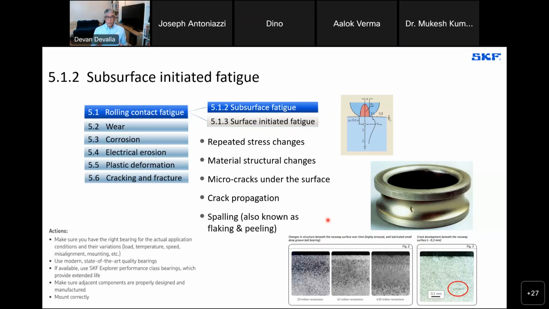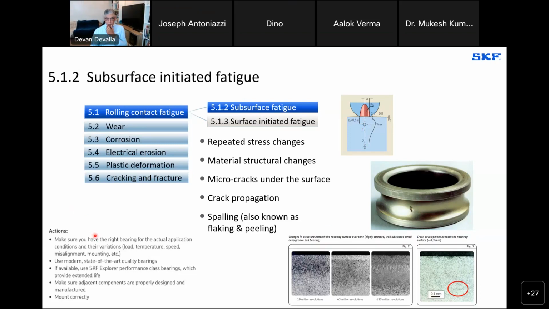And for all intents and purposes, as far as SKF, as soon as any component in the bearing loses some material, it's considered to be failed. Even though the bearing may still be able to rotate and continue in service, technically we would still consider it to have failed. Okay?